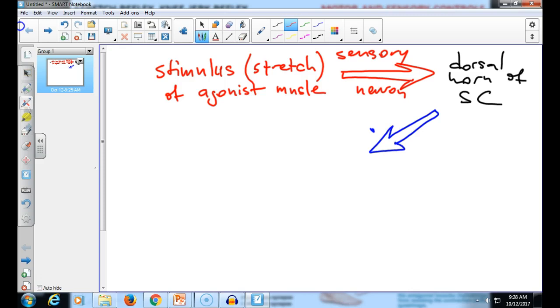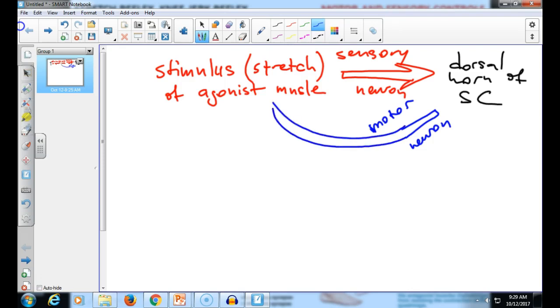Now, motor output. Where does it go? To the same agonist muscle, right? What kind of output is that?